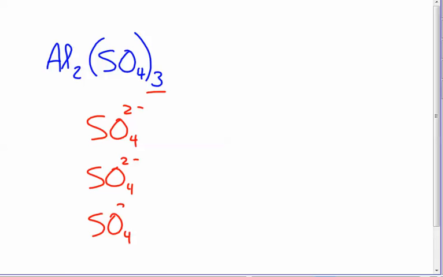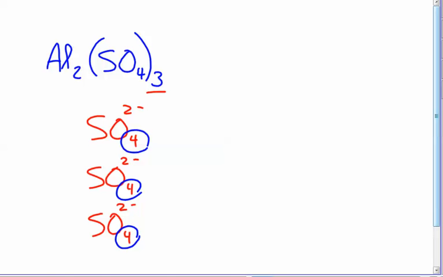And those have a 2 minus charge, which really we're more interested in the number of atoms than the charge right now. Notice that you have 3 of these polyatomic ions, which means you have a total of 3 times 4, or 12 oxygen atoms. So those 12 oxygen atoms are going to have to be accounted for in the mass.